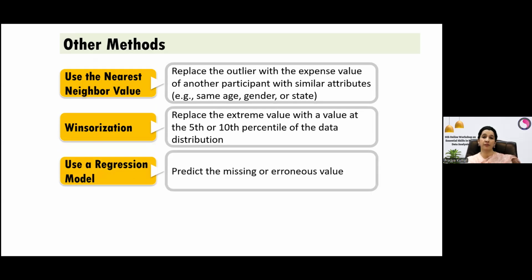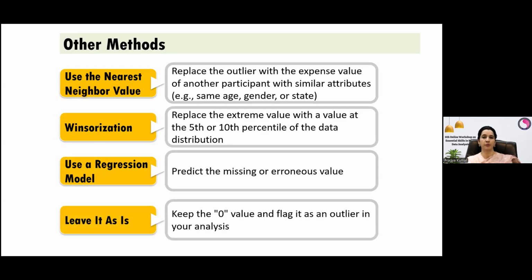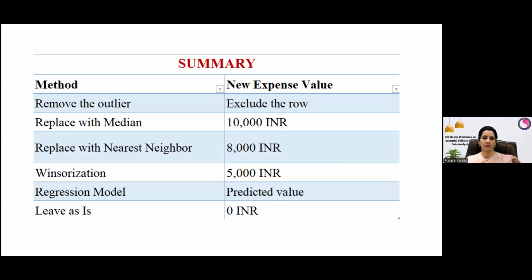It also depends on the number of missing values. If the missing values are more than 10%, then you can use a regression model or a multiple imputation method. So in our case, either you can remove the outlier or replace it with the median.